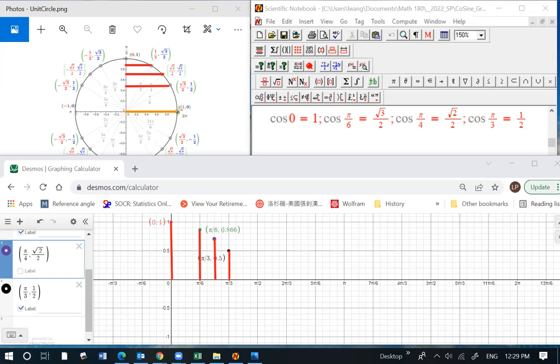Arc length for pi over 6, the input would be the gold, from the center position to right here. For pi over 4, that's going to be from here all the way there. For pi over 3, it's from here all the way to pi over 3. For pi over 2, it's going to start from here all the way.